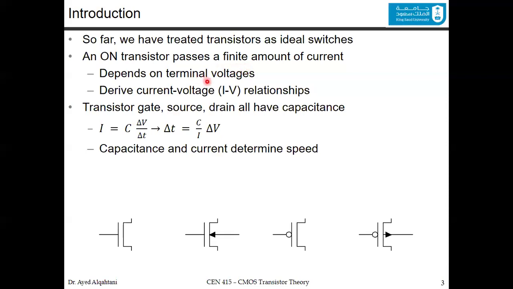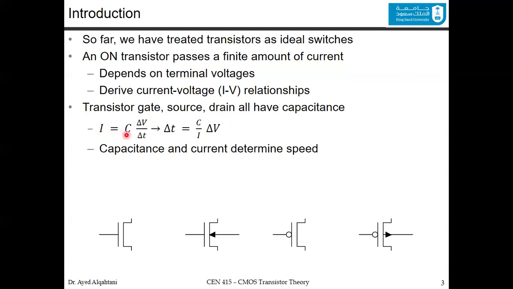It depends on the terminal voltage, and it is derived from the current voltage relationship or graph. The transistor gate, source, and drain, those are the 3 major terminals, all have capacitance, and those capacitances need to be charged or discharged.